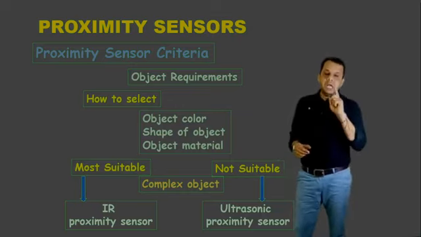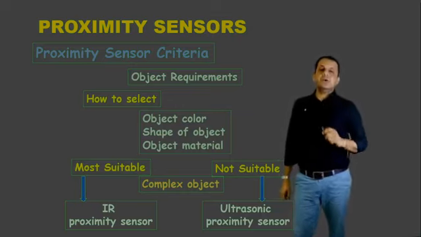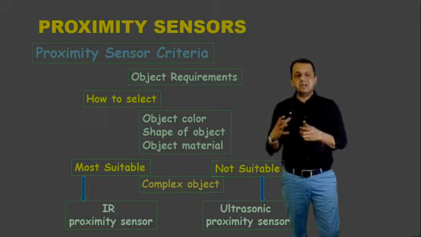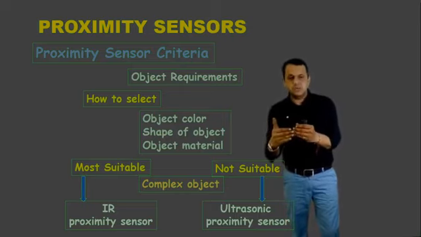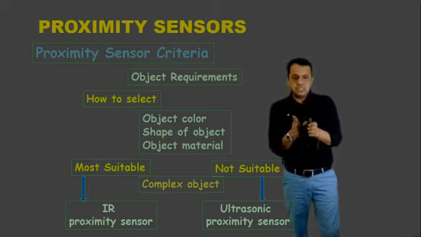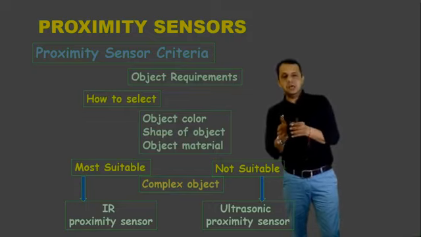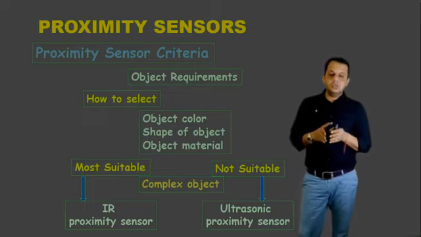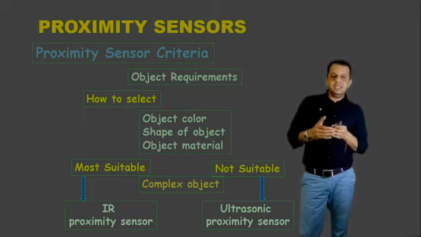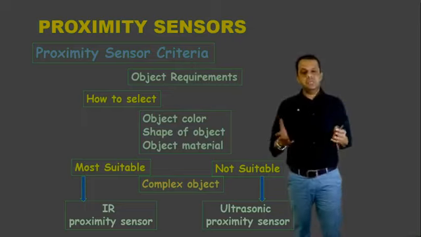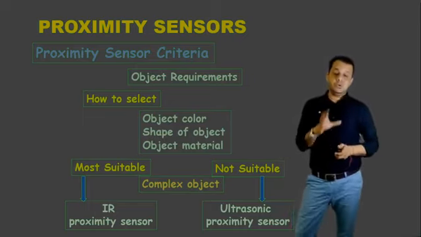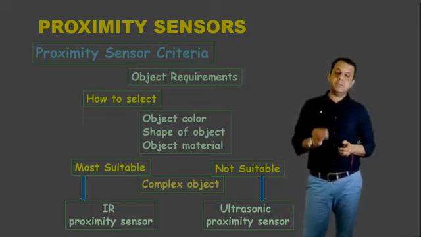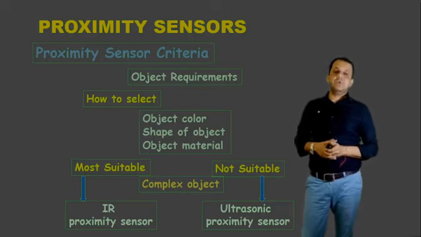If a complex object is there, an IR proximity sensor is used, where the range between the face of the sensor and the object will be very small. For a little bit higher range, we can use the ultrasonic proximity sensor. So for complex and very nearby objects, IR sensors are more suitable.